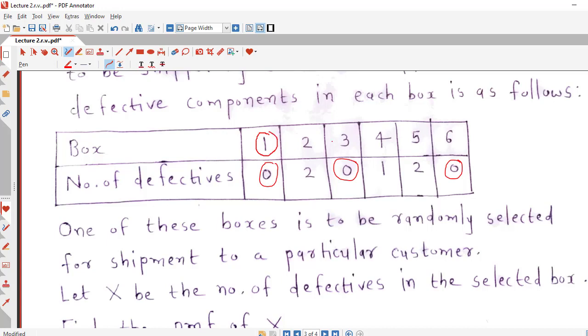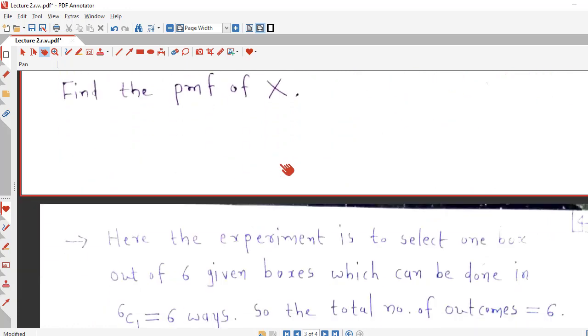So the event that there is no defective in the box is equivalent to the selection of box 1 or box 3 or box 6. If we select box 1 or box 3 or box 6, then there is no defective item.